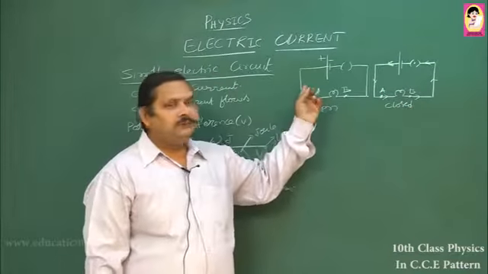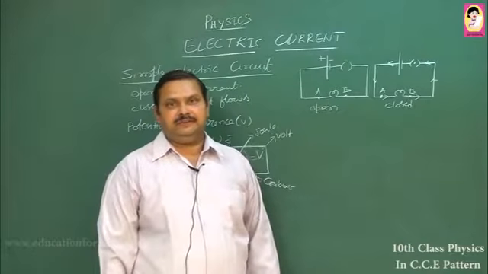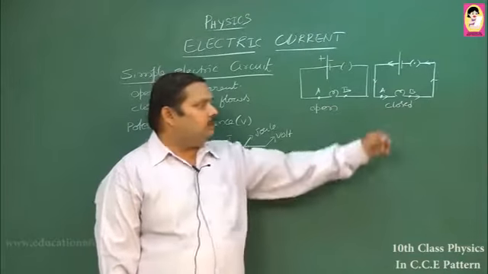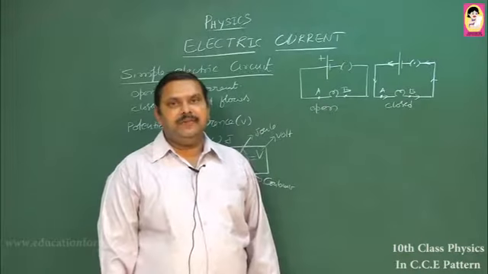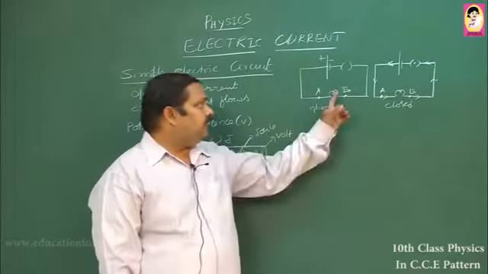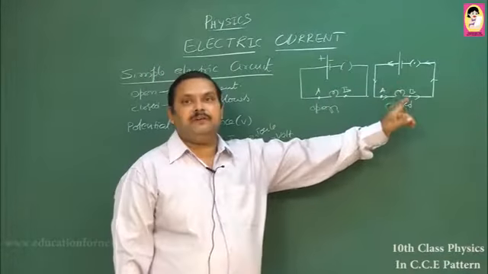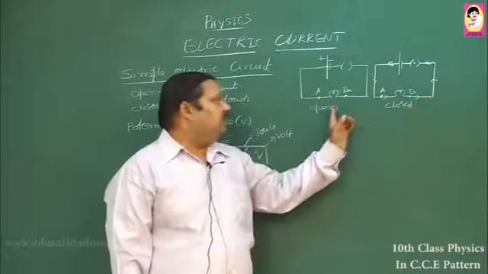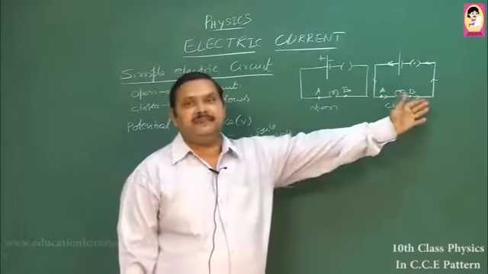In the open circuit, you are not supposed to show the direction of current using arrow marks, whereas in the closed circuit you have to show the direction of current using the arrow marks. Here if you put the arrow marks, that is wrong. Here if you forget to put the arrow marks, that is also wrong. Open circuit, no current. Closed circuit, you can find the current in the circuit.